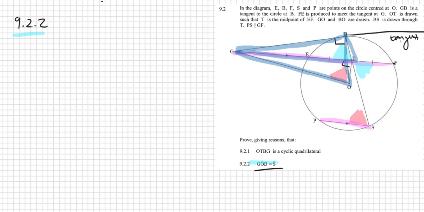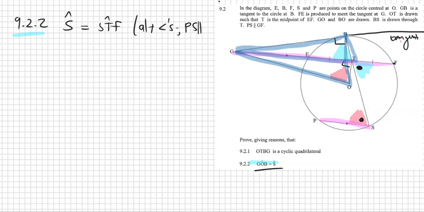So the first thing we said was that our angle S, there we go, is equal to our angle STF. And the reason for that was alternate angles, alt angles, and you need to name your parallel lines.